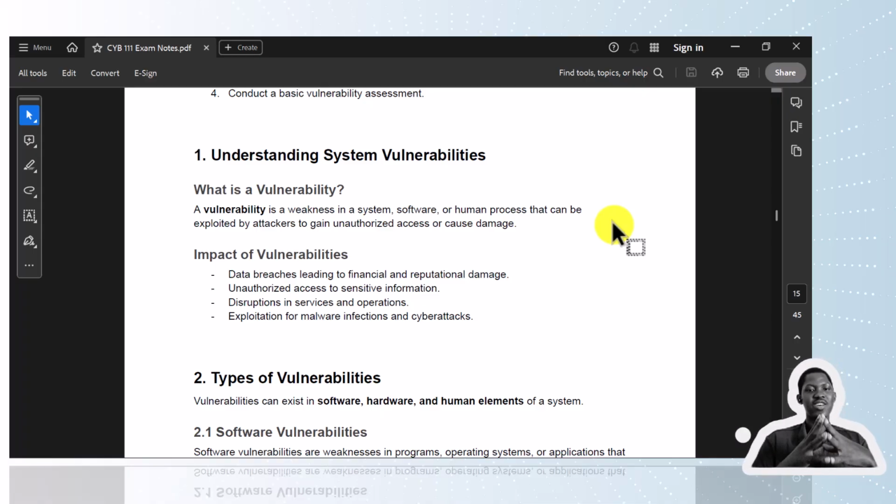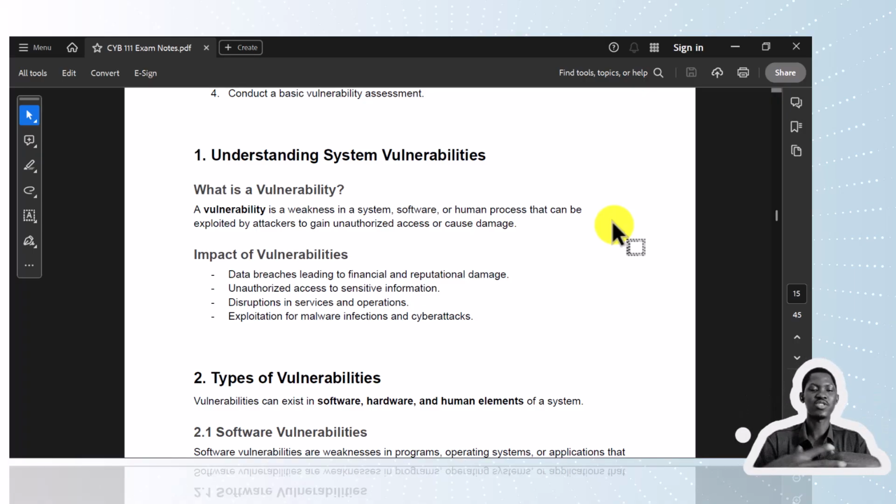The financial part might be in different ways. They can use that data to get money straight. So imagine they're able to attack a vulnerability in a banking system and get a lot of people's ATM card details out, they can easily use that to cause a lot of financial damage.